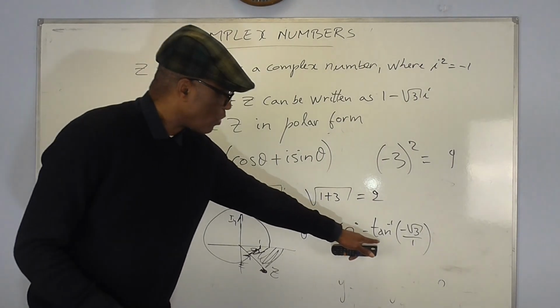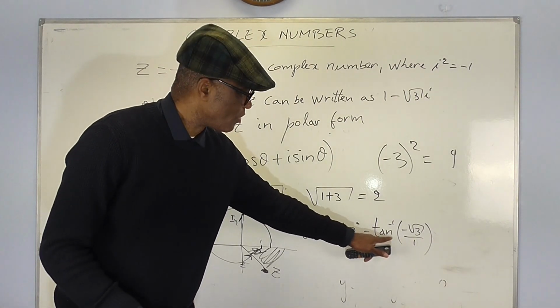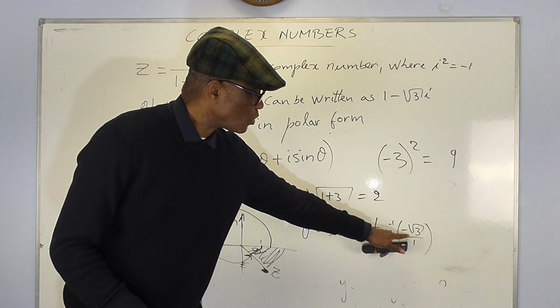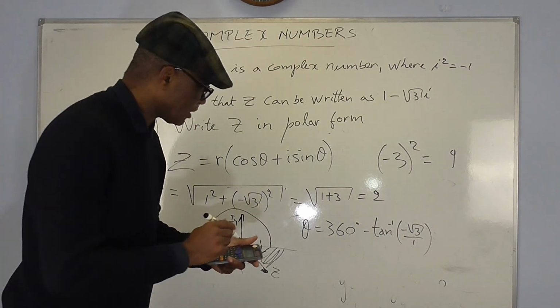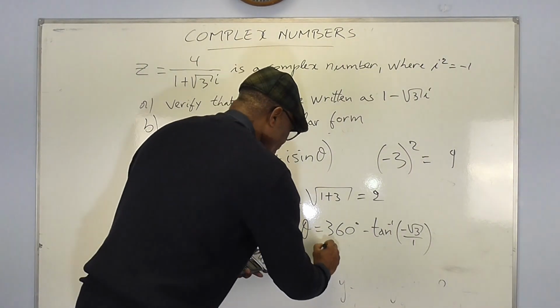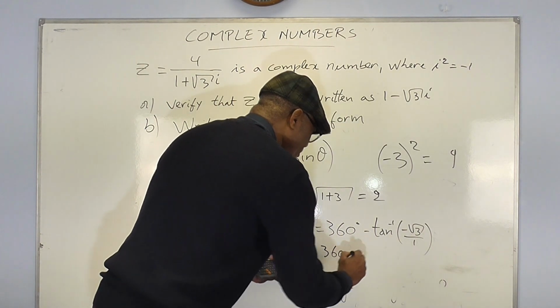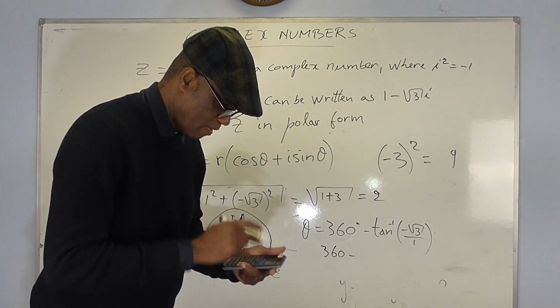This part we are going to get by tan reverse of minus square root of 3 over 1. Okay, I'm going to take my calculator. Now, 360 minus, I'm going to enter this.